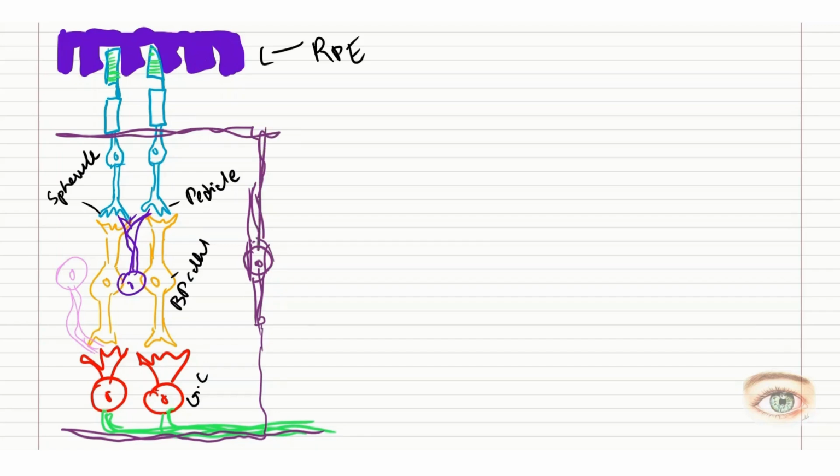So I'm going to label these all. These are the horizontal cells, these are the amacrine cells, and these are the Müller cells.